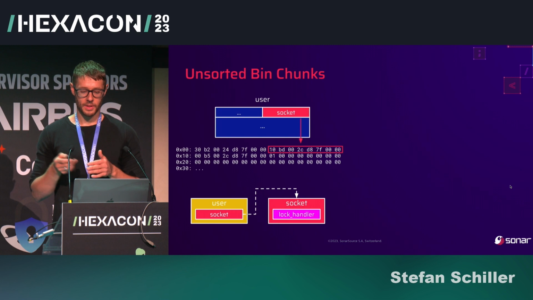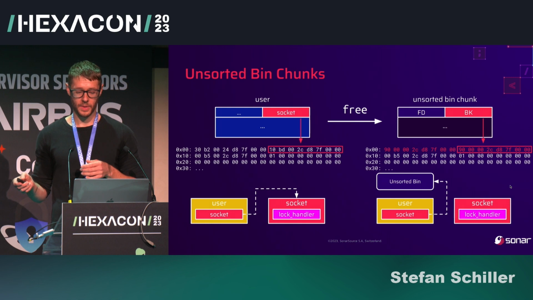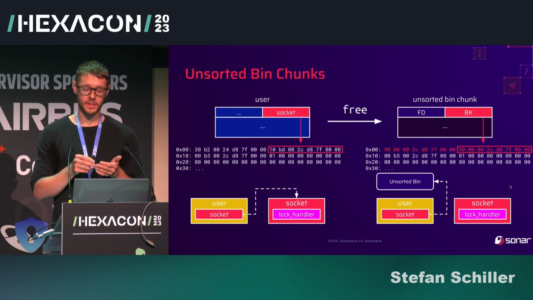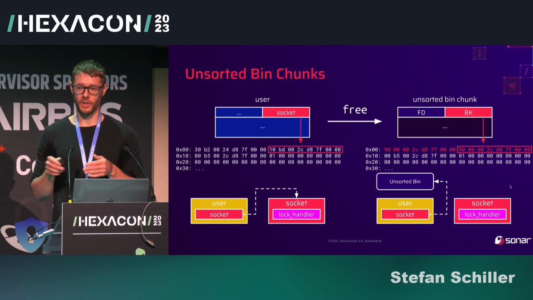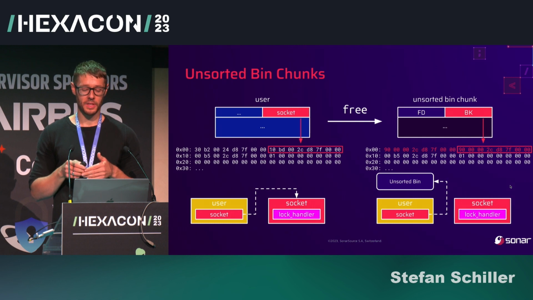At first, the user is not freed and holds a pointer to the socket at offset 8. Once the user is freed, it's put into the unsorted bin. Because this bin is doubly linked, a backward pointer is inserted at offset 8. This again overrides the socket pointer, but now the socket pointer is a valid pointer which references the unsorted bin in its arena.